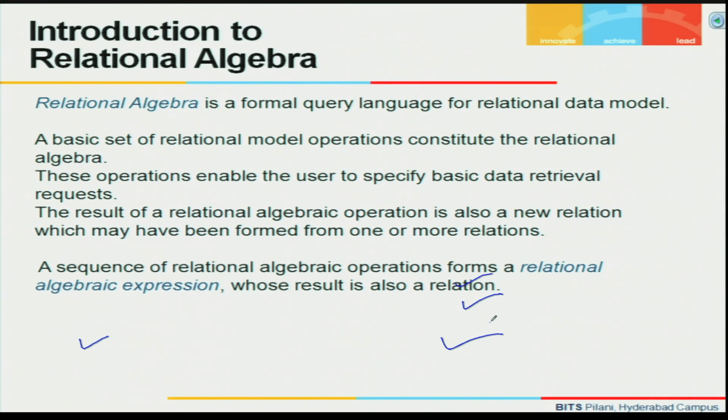A sequence of relational algebraic operations forms a relational algebraic expression, whose result is also a relation and can be treated like any other relation. This new resultant relation can also be used as an operand in another relational algebraic expression or operation. In relational algebra, we have operators, and the relations or tables themselves become operands. That is why it is called relational algebra.